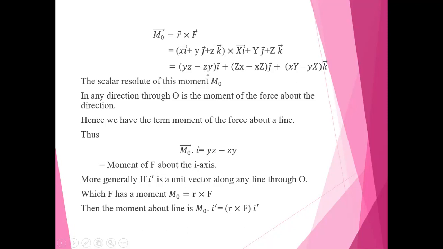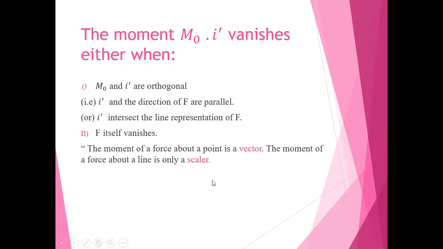Similarly, mu naught dot j vector equals zX minus xZ, and mu naught dot k vector equals xY minus yX.